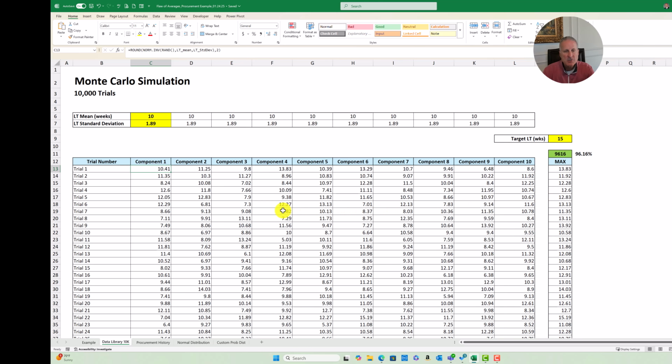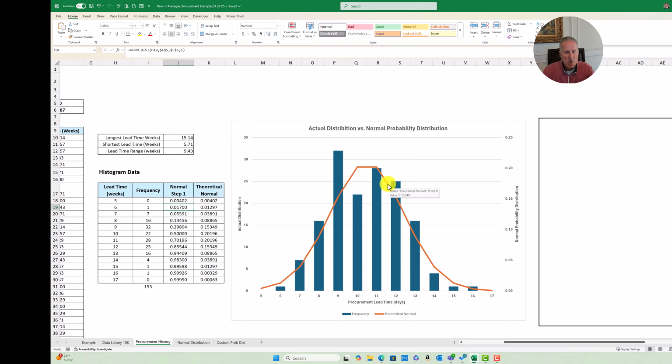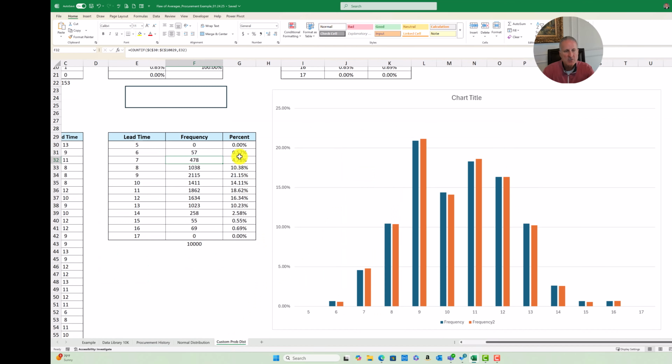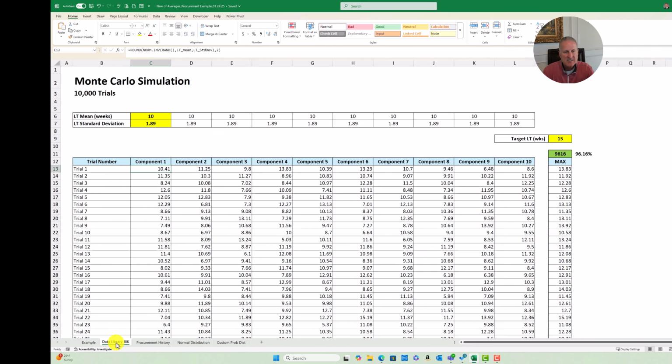But what this allows you to do is, if you didn't feel comfortable with this being normal, no problem. You create your own custom distribution, but it feeds into the same Monte Carlo simulation, and you use whatever this comes out to be to tell your team, hey, this is how many weeks it's going to take me to feel comfortable that we can support that uptick in demand.